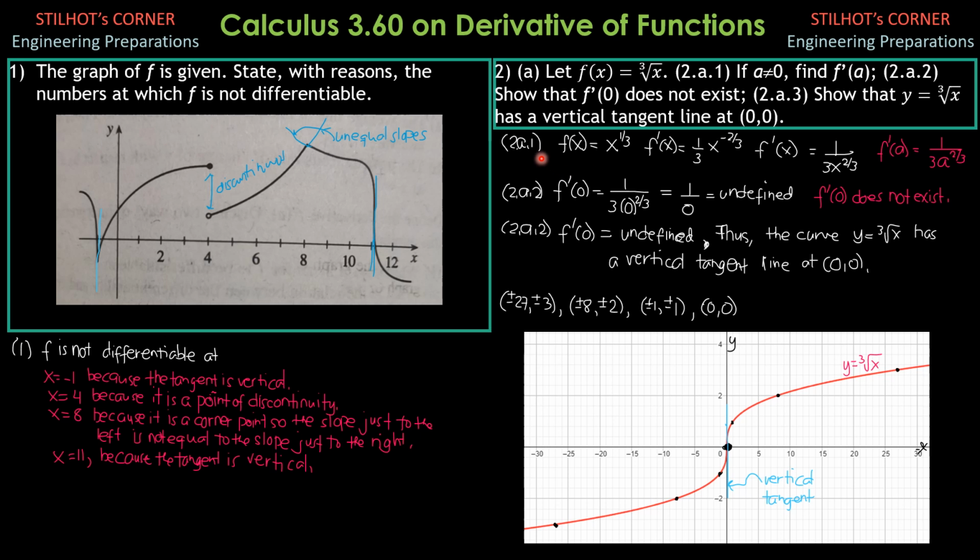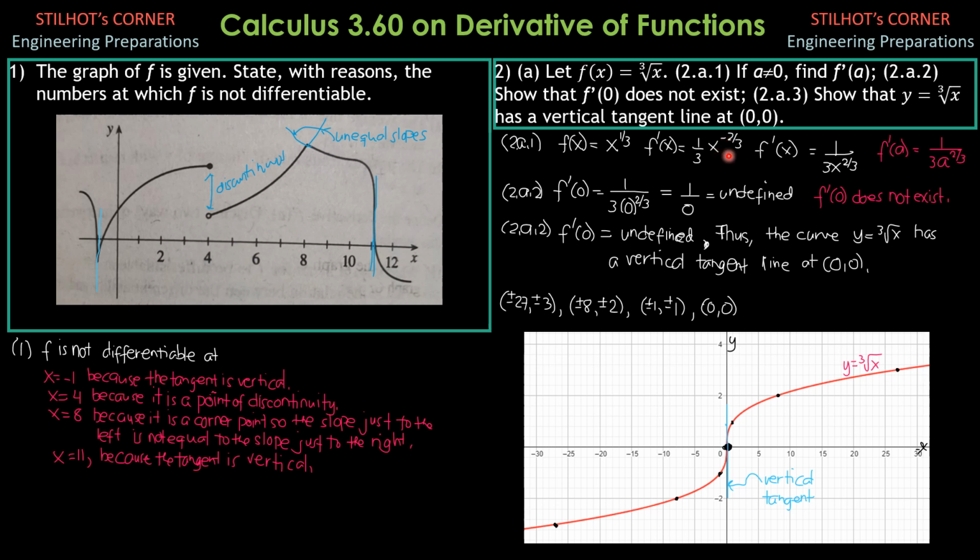So first, for 2.a.1, let us derive f prime of x first, then we substitute x equals a, where a is not equal to 0. We can transform this equation into f of x equals x to the 1/3, and the derivative f prime of x, by the power formula, is 1/3 x to the 1/3 minus 1, so x to the -2/3, times the derivative of x, which is 1.